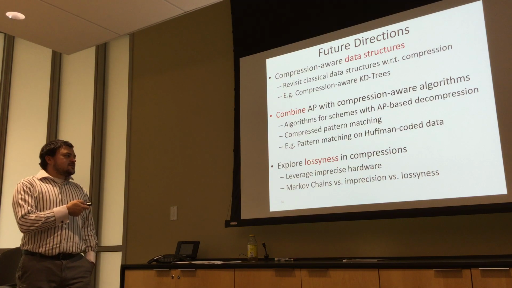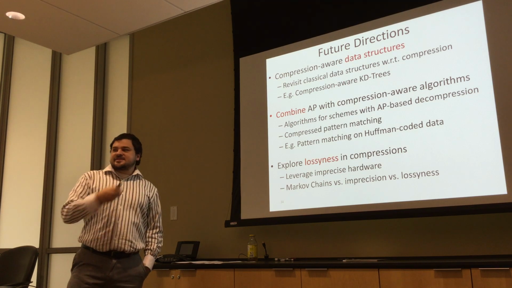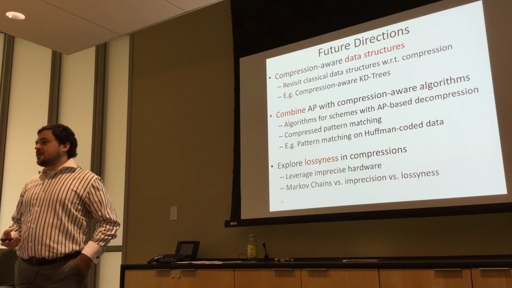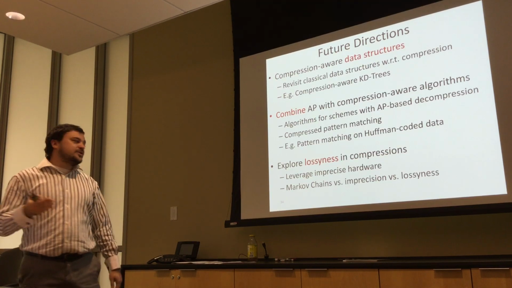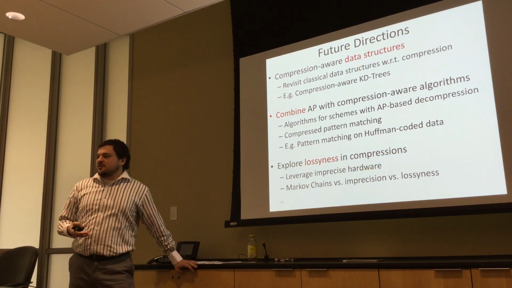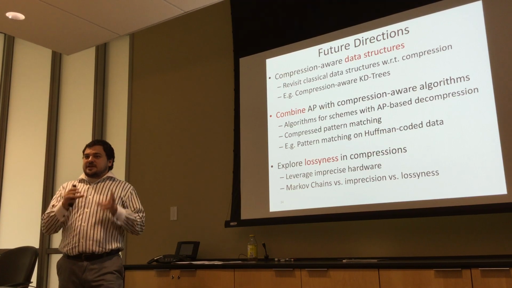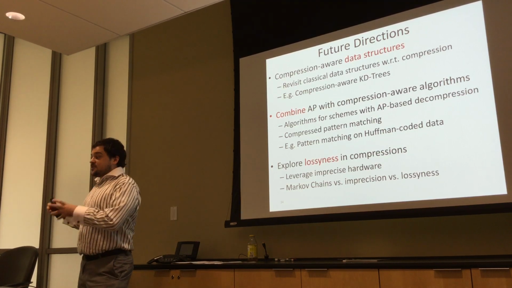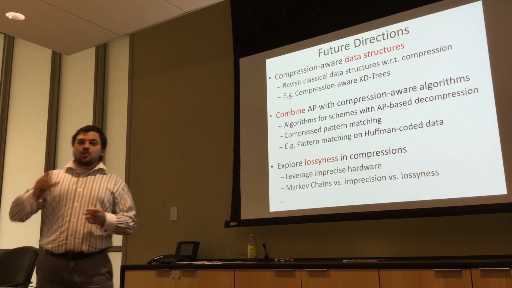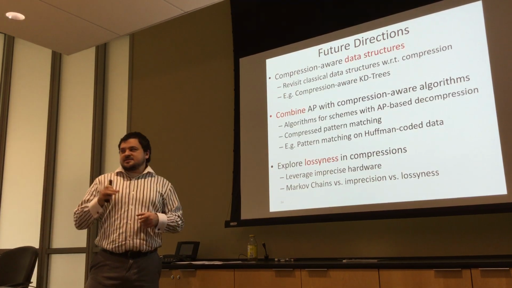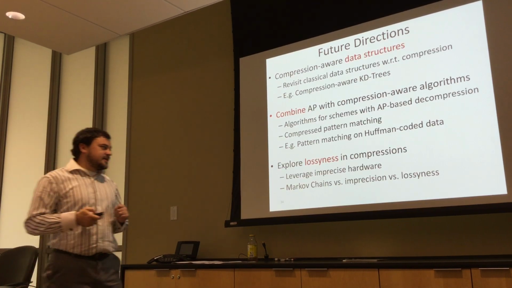Finally, we could look at how to use lossy compression accelerated with imprecise hardware. If we're using a lossy compression, we have already stated that some amount of uncertainty or error is acceptable. So rather than limiting that only to the compression, we could allow for some error and uncertainty in the hardware. So we could have more efficient hardware that has small errors to operate on lossy compressed data.